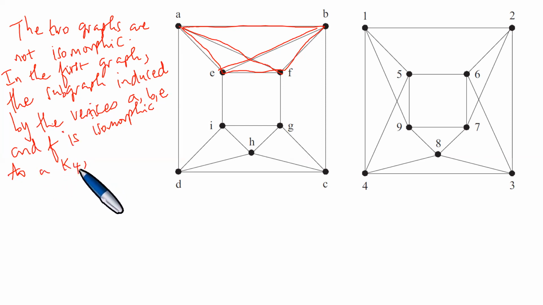K4 means just a complete graph on four vertices. So if you put four vertices and you join all of them, you get that graph there.